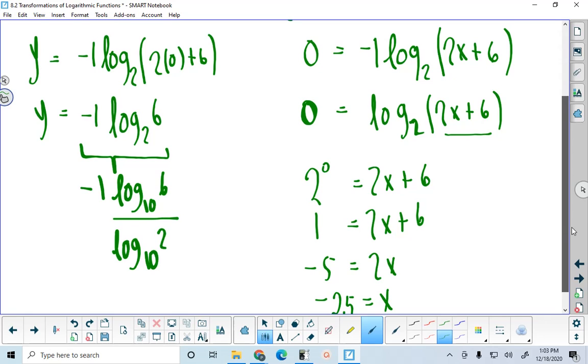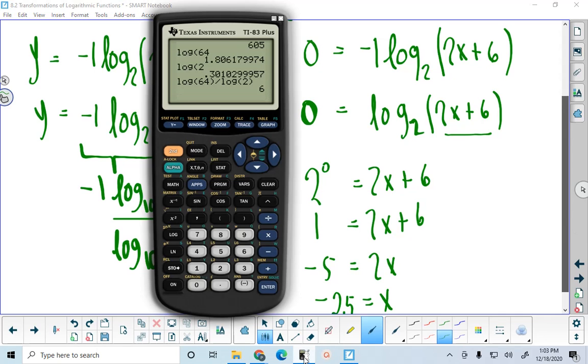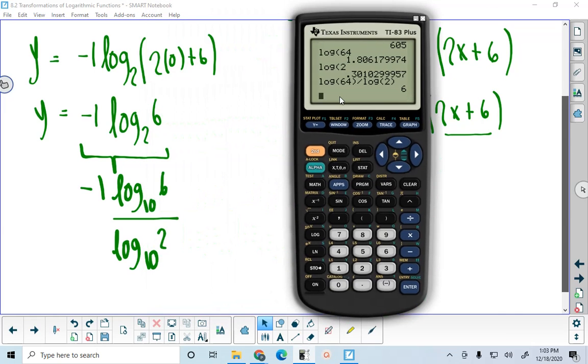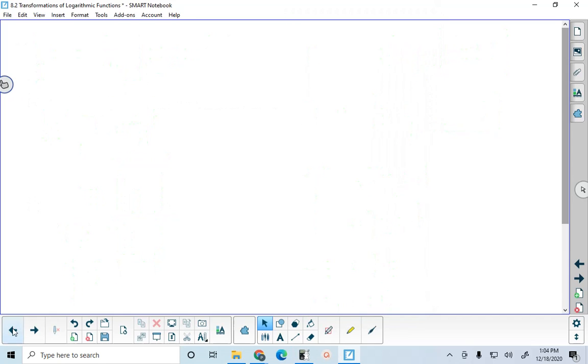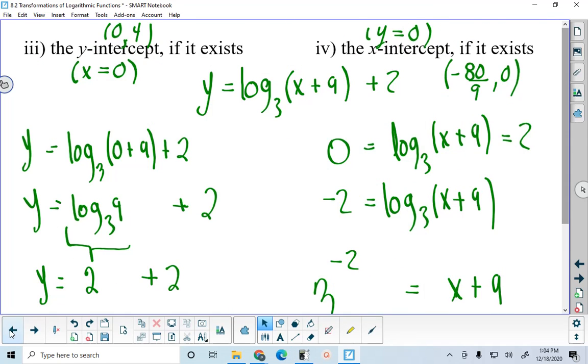I'm just using the change of base formula because the log base 10 button is what I have on my calculator. So if I take log of 6 divided by log of 2, and then multiply by negative 1, it's negative 2.58, the y-intercept.